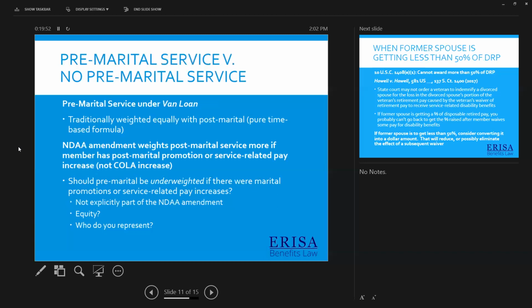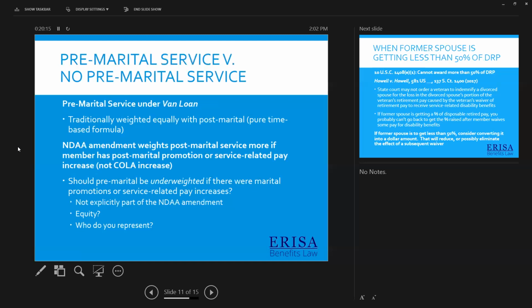The amendments to the NDAA say specifically we have to weight the post-marital service more if the member has post-marital promotional service-related pay increases. That's literally the implication of the NDAA, that post-marital service gets weighted more if there are pay increases.